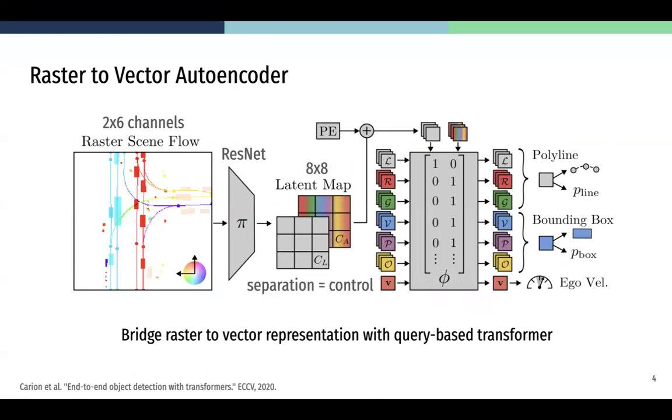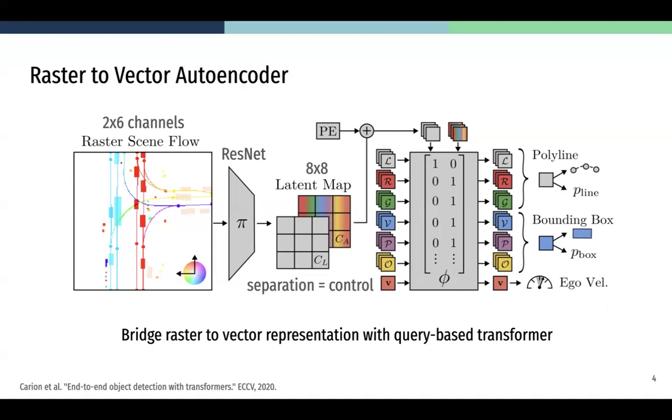The latent map is separated into certain channels for static lane elements and other channels for the dynamic agents. And this separation enables controllability and selective conditioning, as we'll see later.